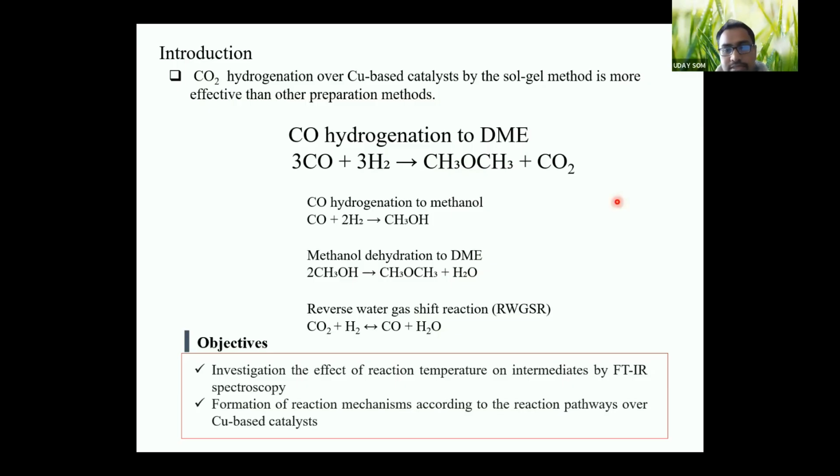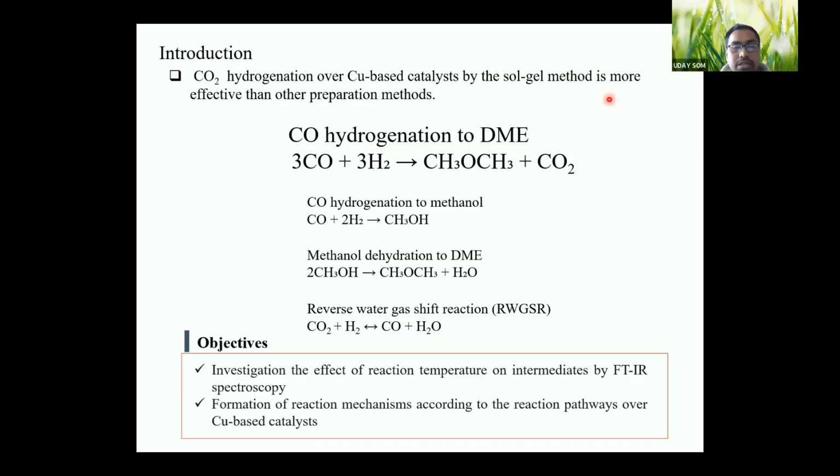Direct synthesis of DME is ideal, requiring only one reactor, and is cheaper than indirect synthesis. In indirect synthesis, the methanol synthesis reaction and methanol dehydration reaction are performed in separate reactors. Firstly, carbon dioxide and hydrogen react over a copper-based catalyst prepared by the Sol-Gel method.